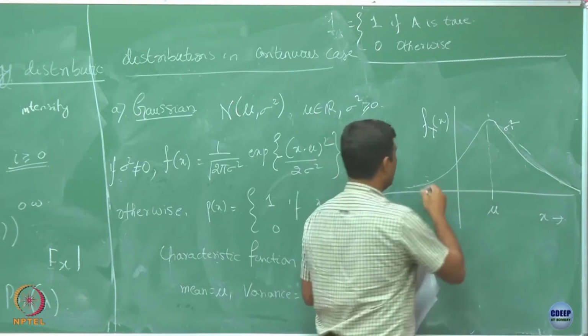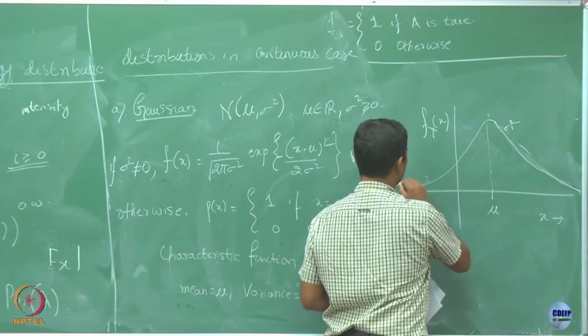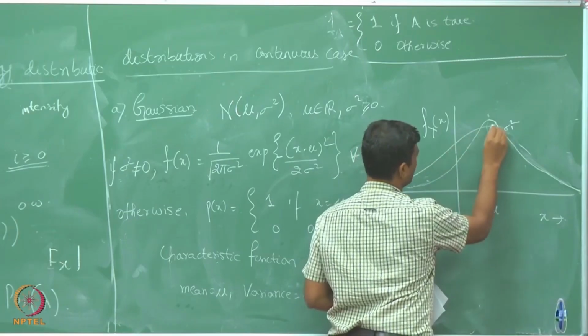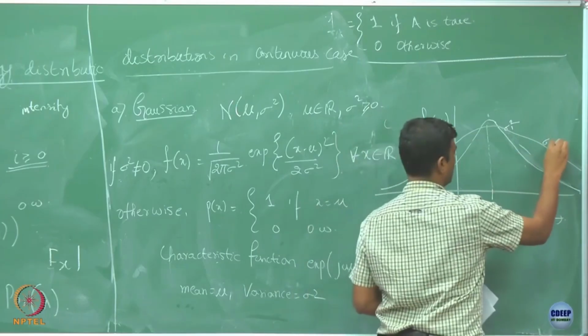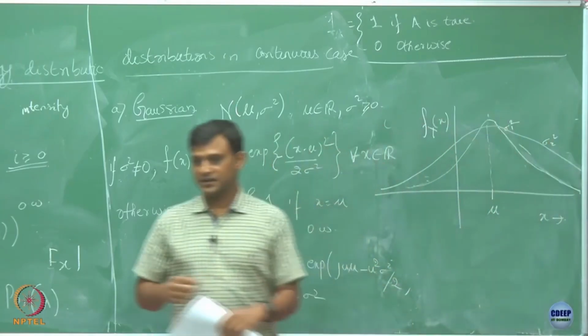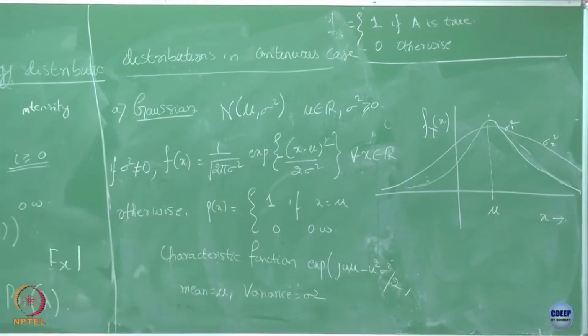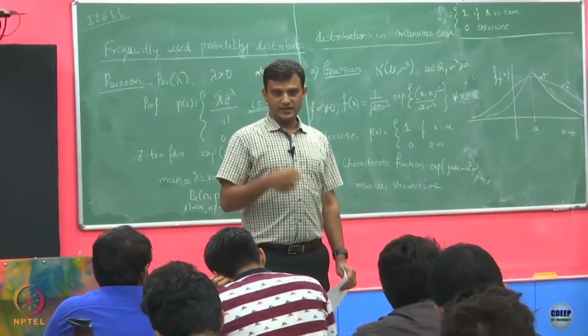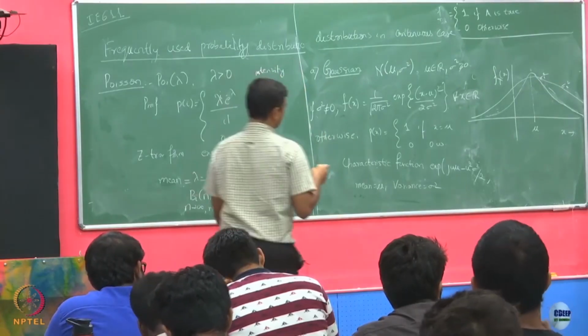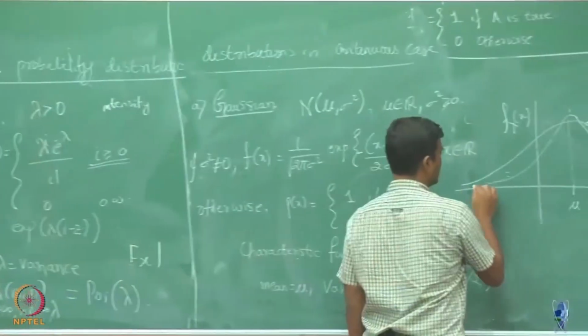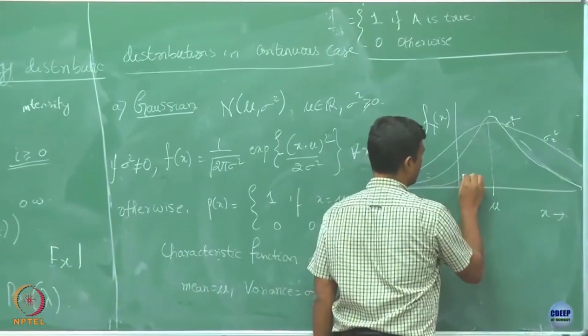Maybe something like this. Maybe this sigma 2 square is going to be larger than that. But now if you have some sigma 3 which is going to be smaller than sigma 1, how is it going to be? In this case it is going to get thinner.